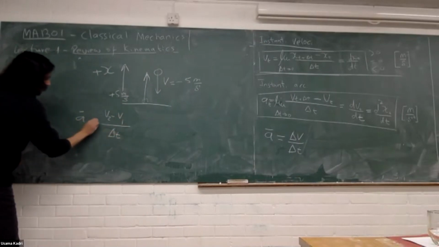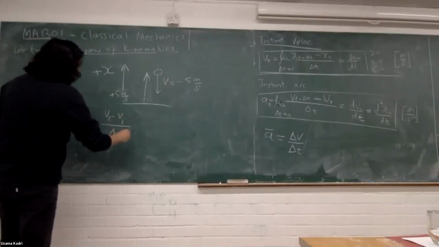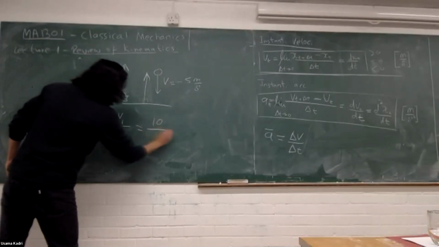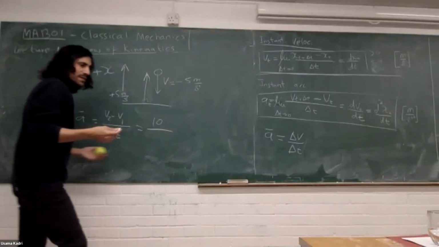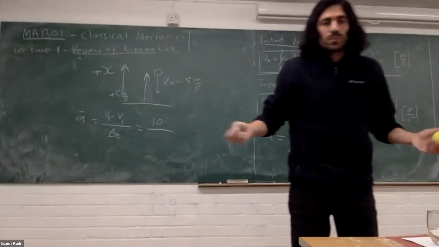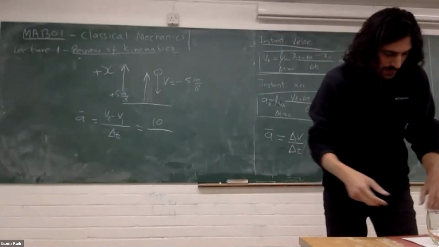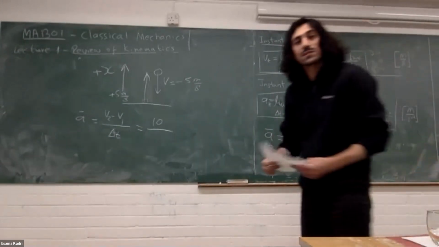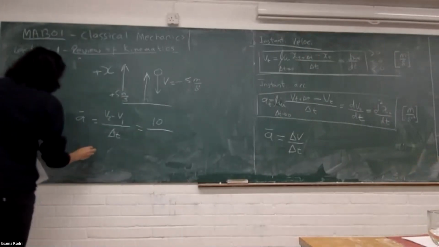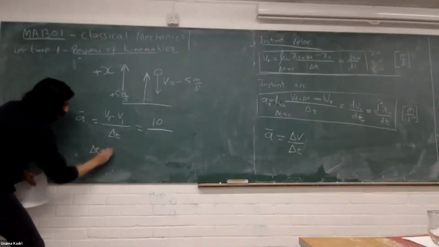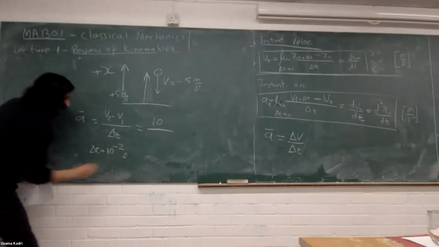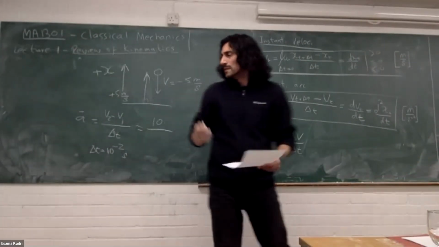That would be the average acceleration here. So this would give 10 divided by delta t. Now I have to tell you what delta t is. We have to assume some delta t. Let's assume that delta t is 10 to the power minus 2 seconds, which seems reasonable, right?